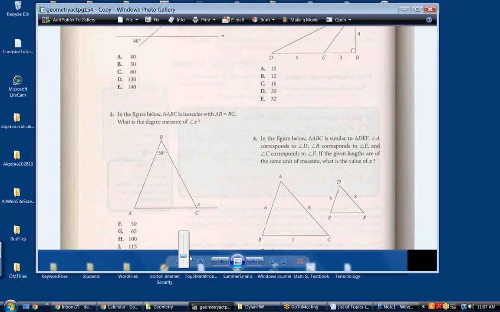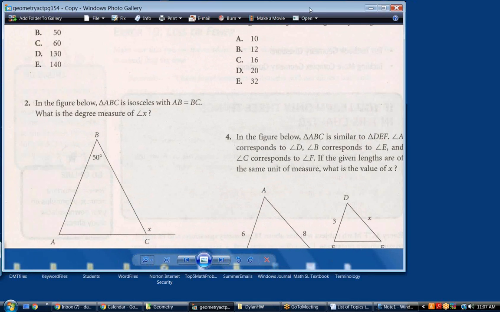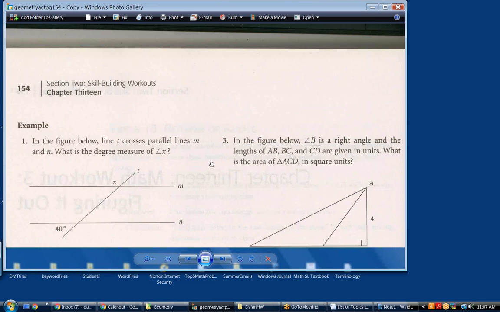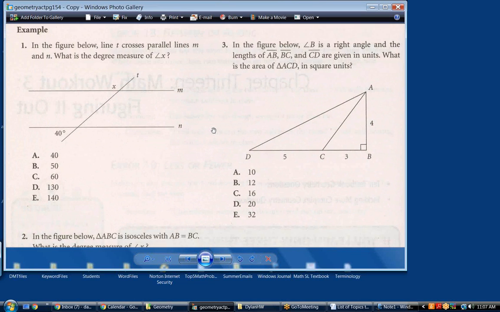Now, rather than, this is my favorite geometry instruction material right here. If you can do the things that are on this, I consider your geometry skills to be pretty good.